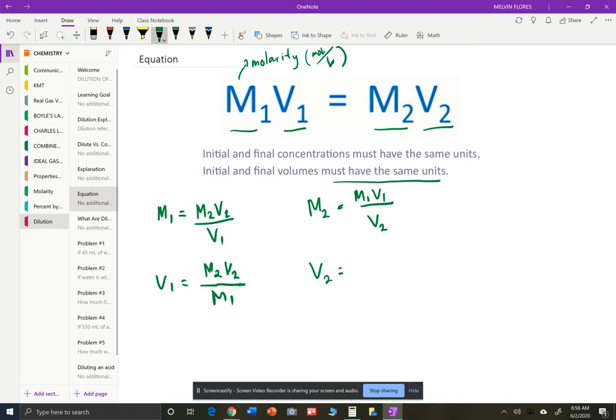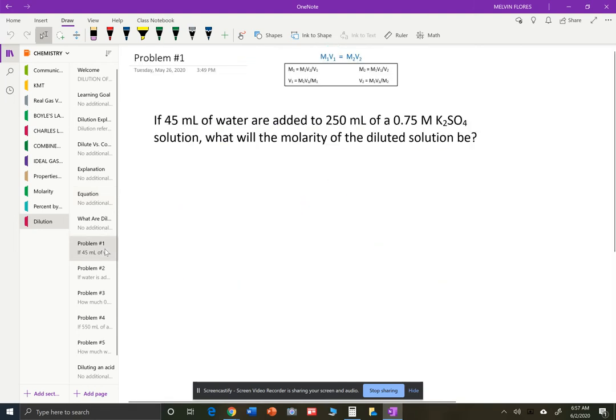And for the final volume, you have M1 V1 divided by M2. So these are the formulas you're going to need in calculating the concentration or the volume of the solution using dilution. Let us go ahead and put this into calculations or problems.